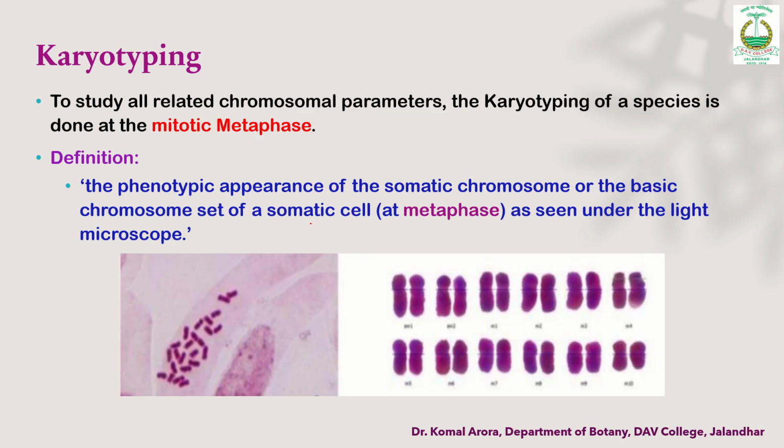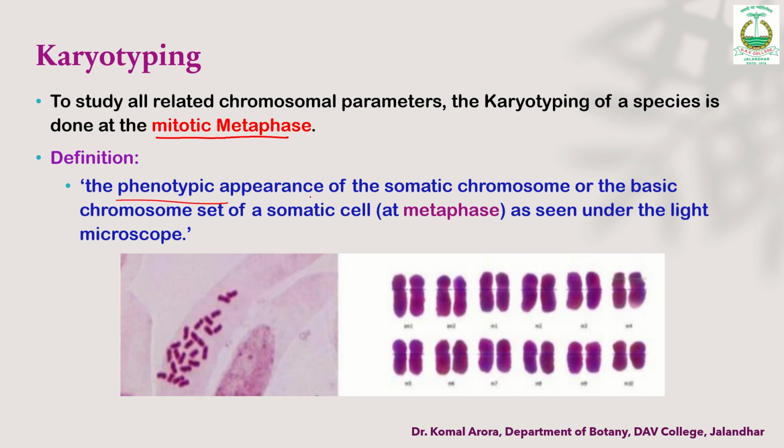Now, just a brief note on karyotyping, because whatever studies are carried out in cytotaxonomy are based on karyotyping. Karyotyping is a study at mitotic metaphase. We select the chromosomes at metaphase when they are maximally condensed and shortest in length. How do we define karyotyping?